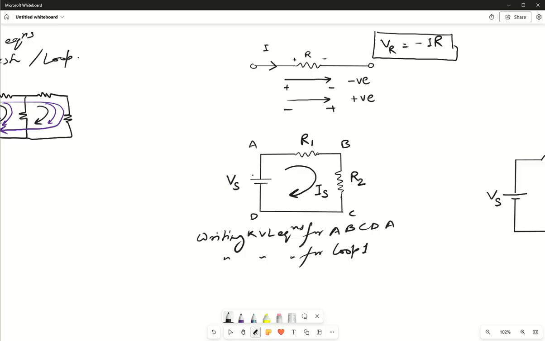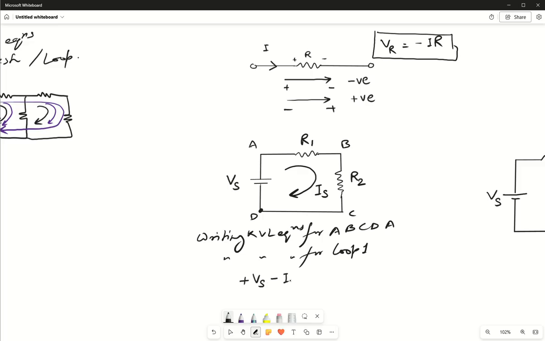So let us start from this point. First we will be encountering Vs. Vs is going from negative to positive, so this will be plus Vs. Next, we encounter R1. As we already know, whenever we go through any resistance in the current direction, it will always be negative.